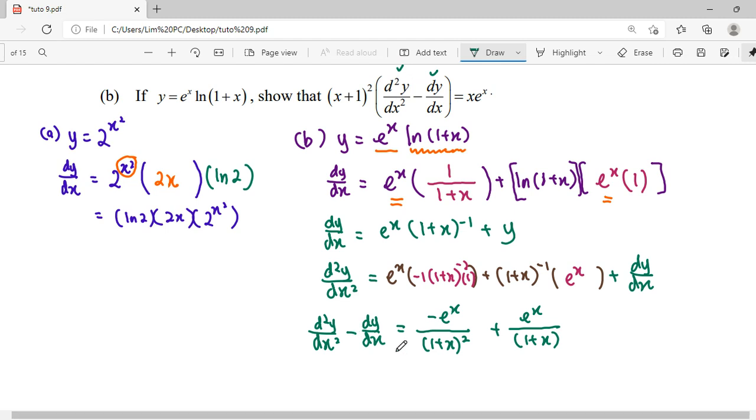We need to multiply this by x plus 1 squared. So x plus 1 and 1 plus x are actually the same thing. But x minus 1 and 1 minus x will be different, because a minus b and b minus a are different. If plus together, a plus b and b plus a are the same thing. So for this equation, we're going to multiply with x plus 1 squared.